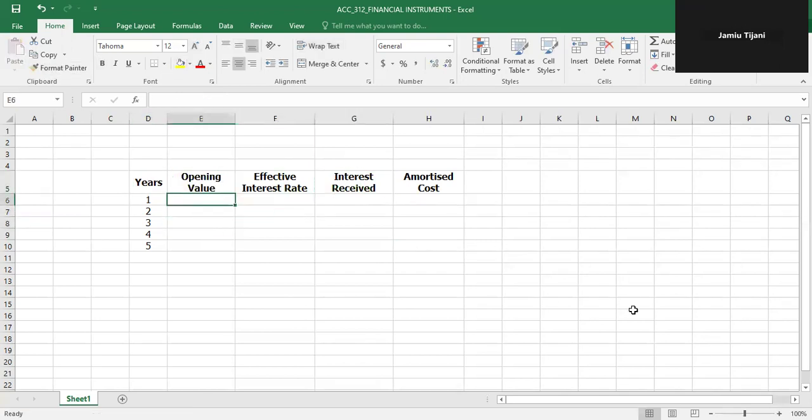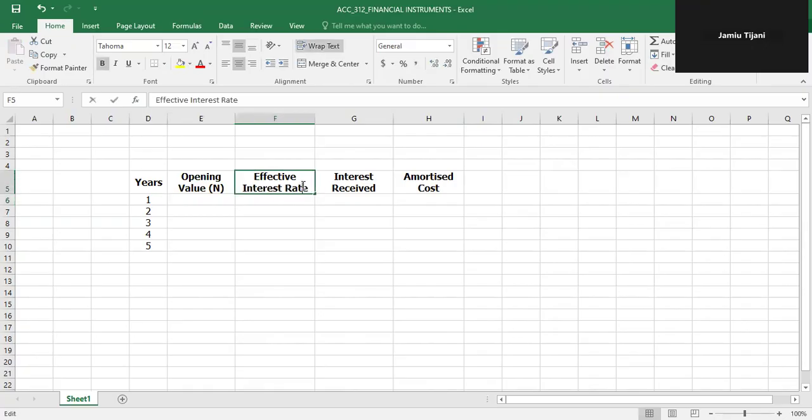All right, so the opening value here is the purchase price, and you agree with me that the purchase price is 40.425 million. Let me put all the figures there in accounting numbers to make my life easy. Of course, all the figures are in million, so let us not get carried away.